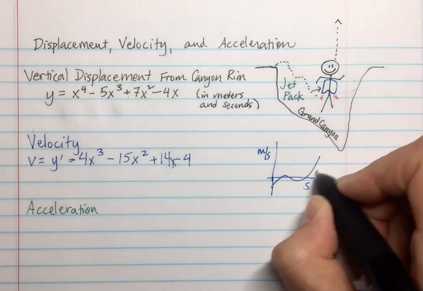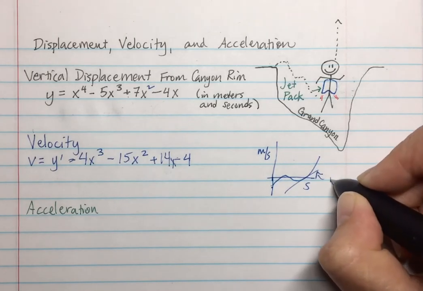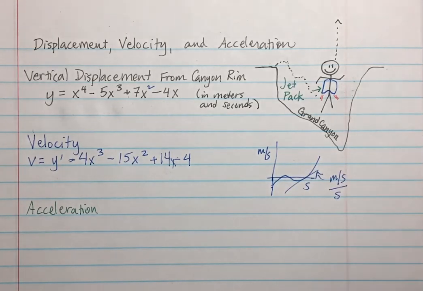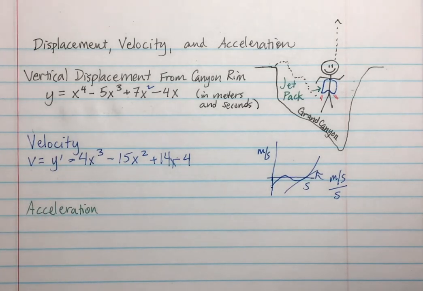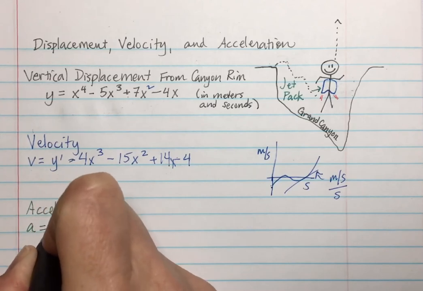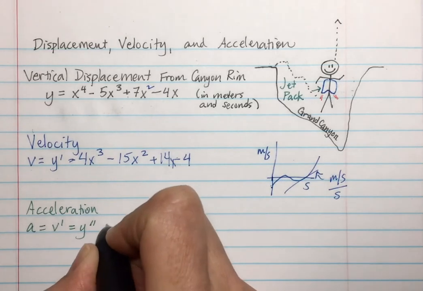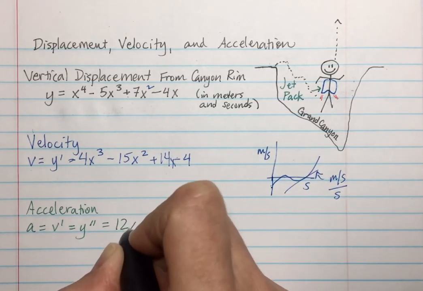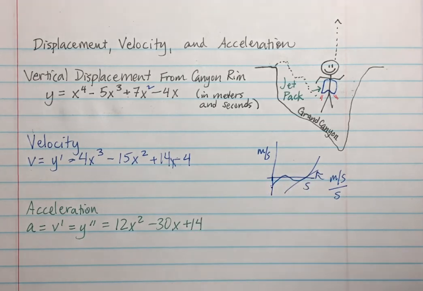But if we looked at the derivative here, we would end up with meters per second over seconds, meters per second squared, and that is acceleration. So the second derivative of displacement, or the derivative of velocity, gives us our acceleration. So our acceleration is v prime, or y double prime, and we get 12x squared minus 30x plus 14.